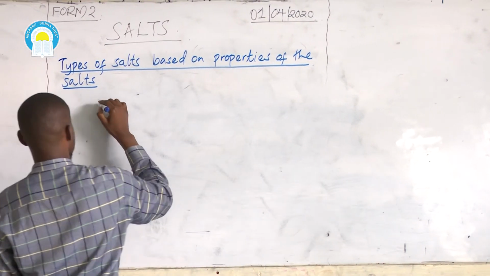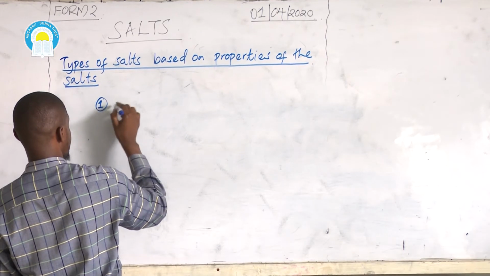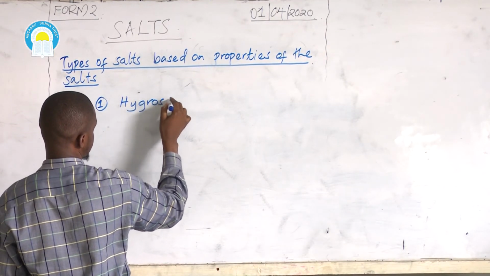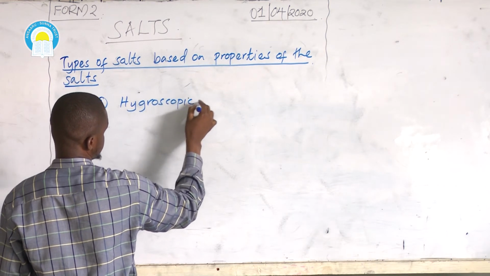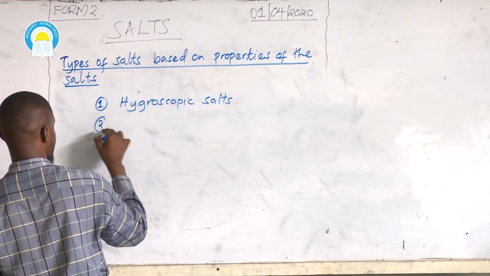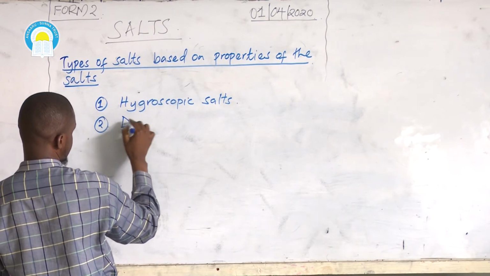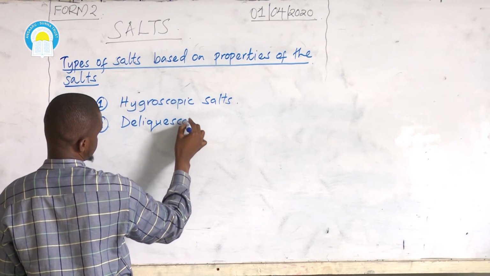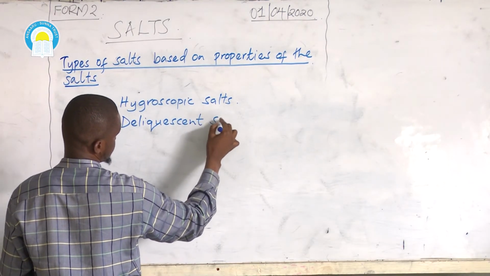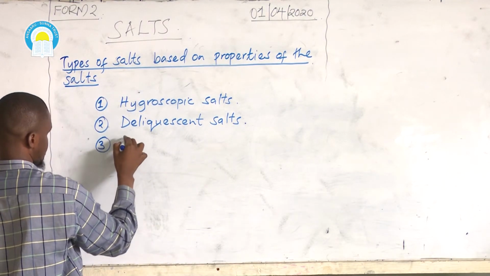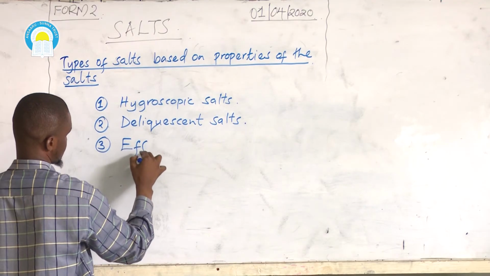These types are three. Type number 1 is what we call the hygroscopic salt. We have number 2, the liquescent salts. And lastly, we have the efflorescent salts.